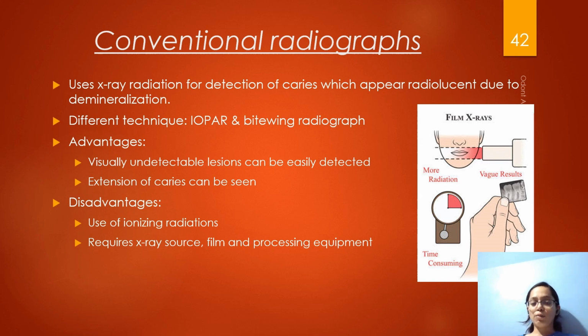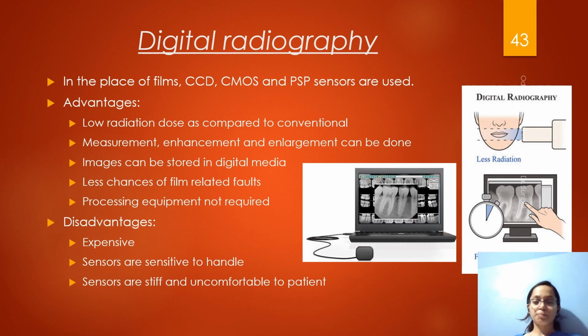So we can take IOPAs and bitewing radiographs, and the lesions which are there in the proximal surface, which sometimes are not visually seen, then these are very good diagnostic methods for that. But the disadvantage is that it uses ionizing radiations and it requires a machine setup and equipment, that is one thing that is an issue for it.